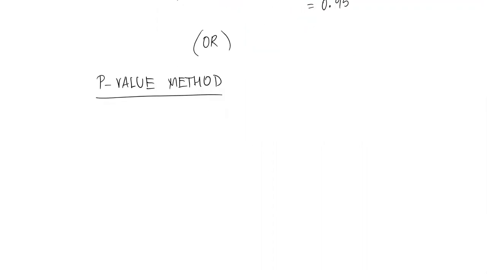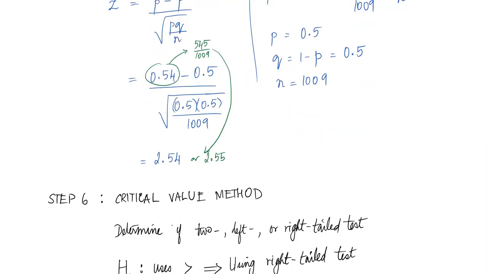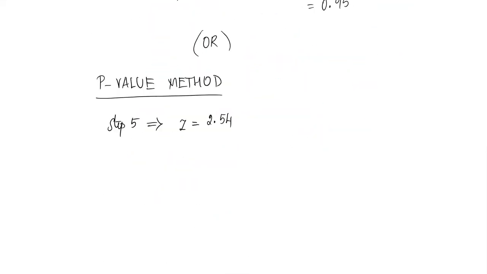So for this, we have to go to step 5. So step 5 gave us Z as 2.54. Let me quickly check that. Yes, 2.54 or 2.55, depending on what you had. Okay. And this was a right-tailed test.